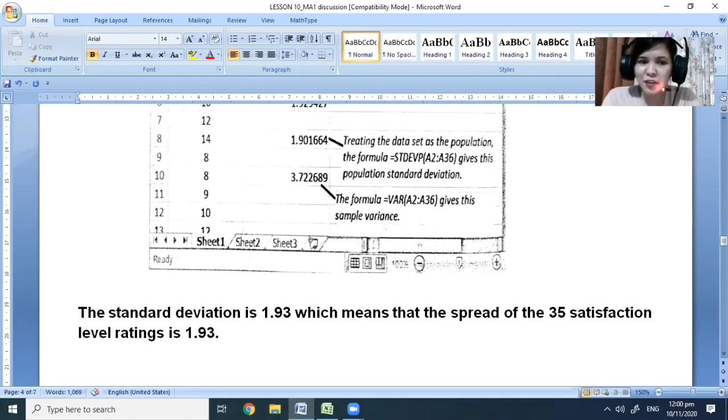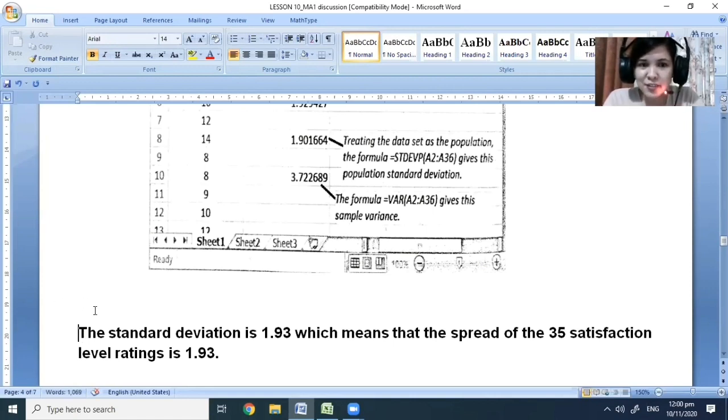You may say also, if you want to interpret the range, you may just say the highest satisfaction level rating is 14 and the lowest satisfaction level rating is 7, with a range of 7.